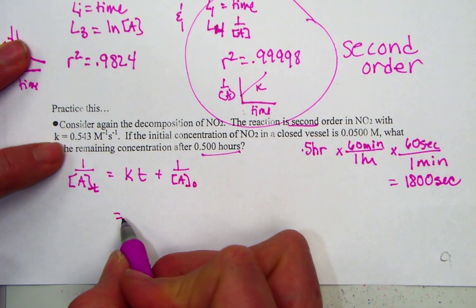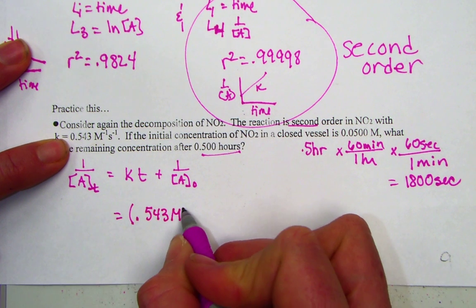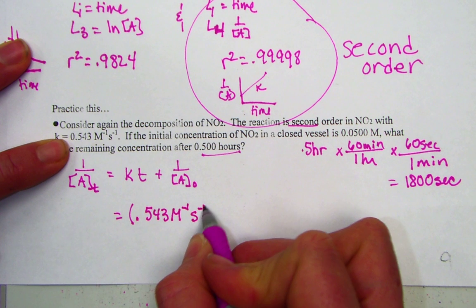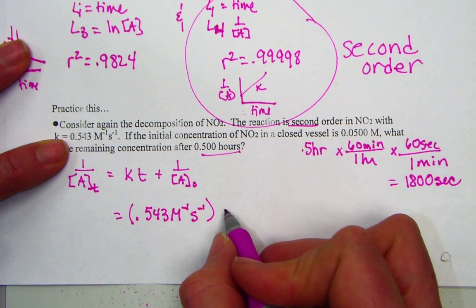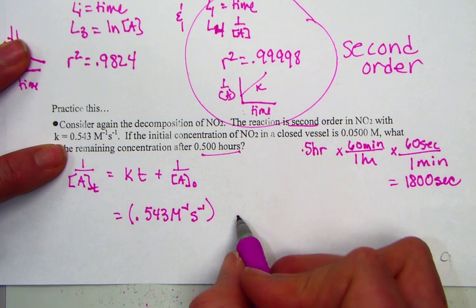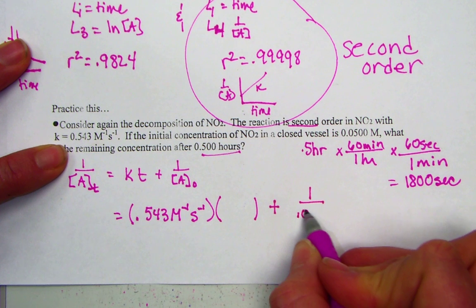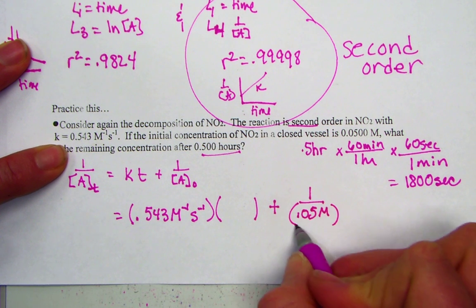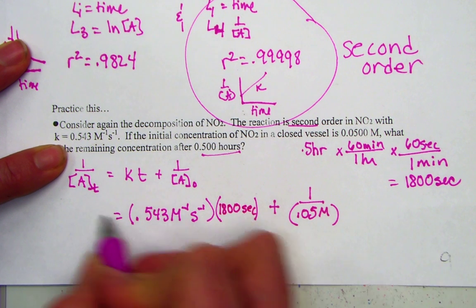Here's what we know. The rate constant, 0.543 molarity and seconds to the -1. The initial concentration in a closed vessel was 0.05 molar. The time we determined to be 1800 seconds.